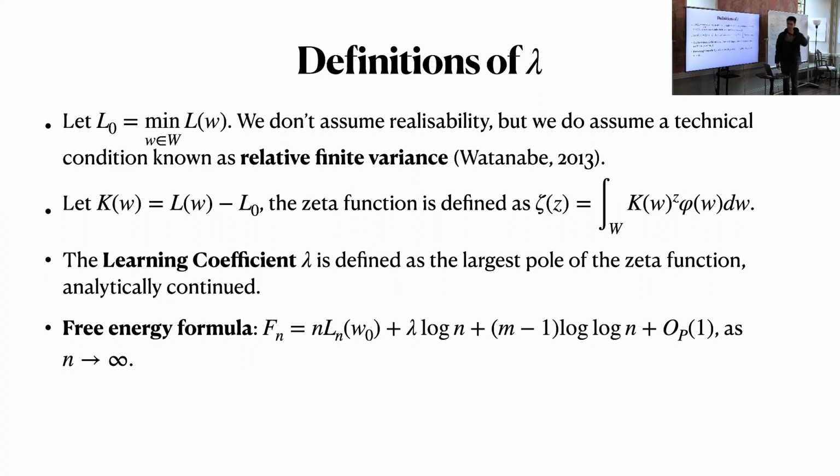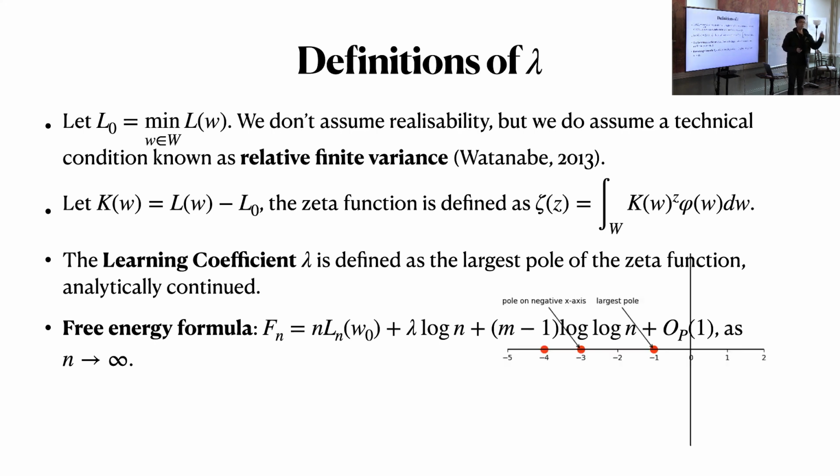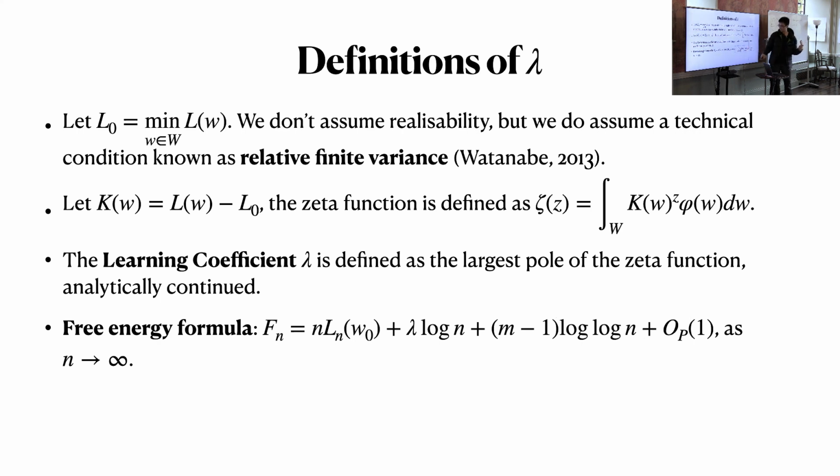So it is analytic everywhere except for a few isolated points on the left half plane. And it's amazing that it's not just that the poles are on the left half plane, not just that, they are on the negative real axis. Apology for the graphic. So this is a complex plane. The poles all lie on the negative real axis. Okay.